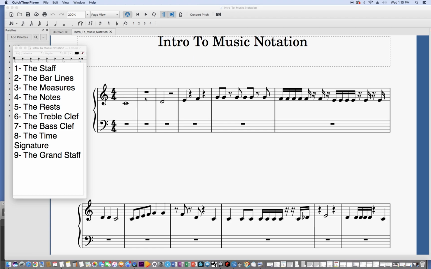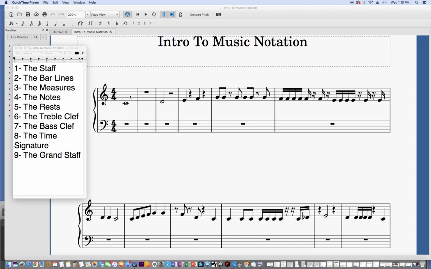Okay, so now you're looking at 1, 2, 3, and 4 staffs. Okay, so the staff is made up of 5 lines and 4 spaces, and this is what you use to write music, on the lines and spaces of the staff.